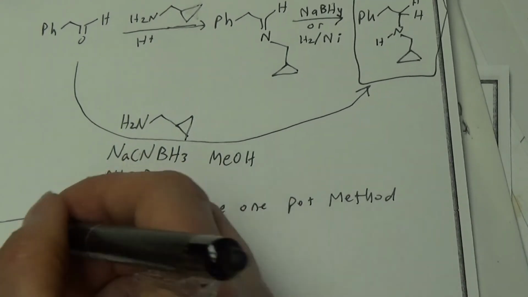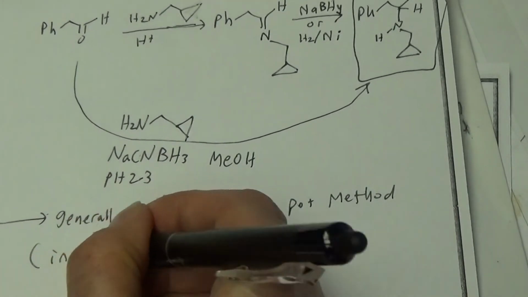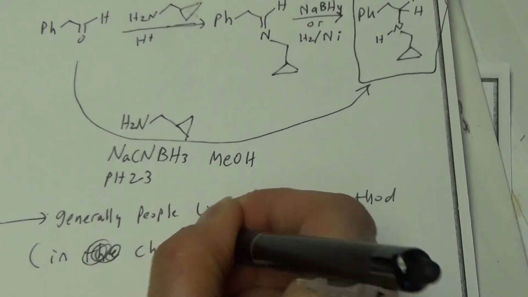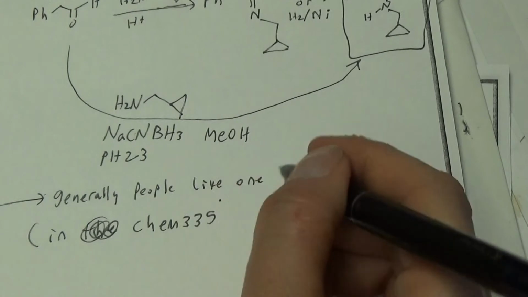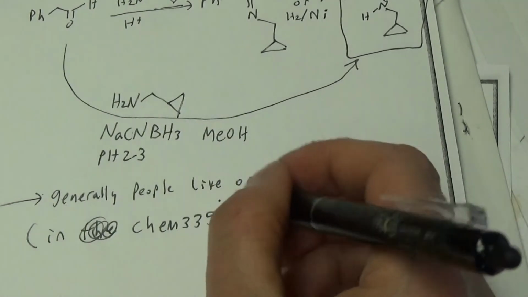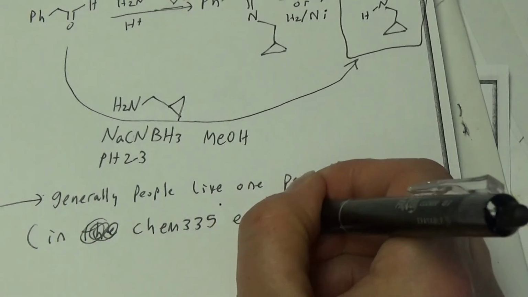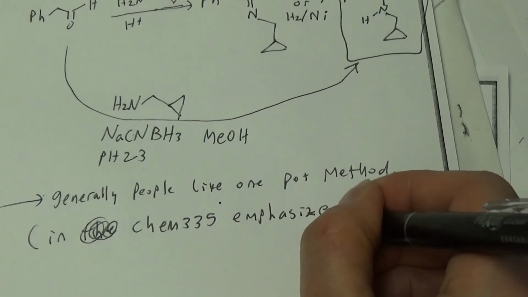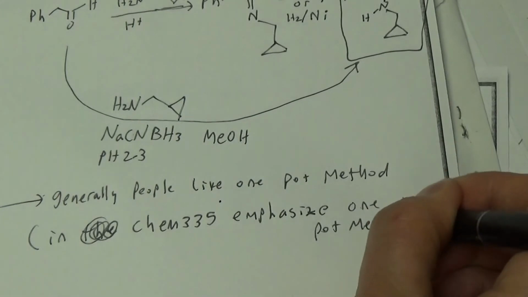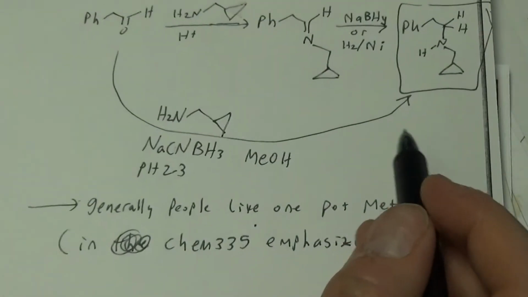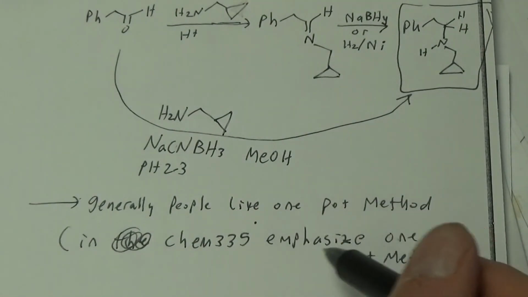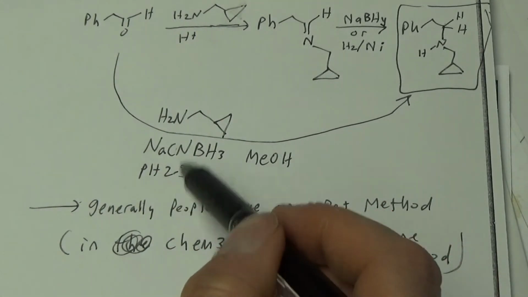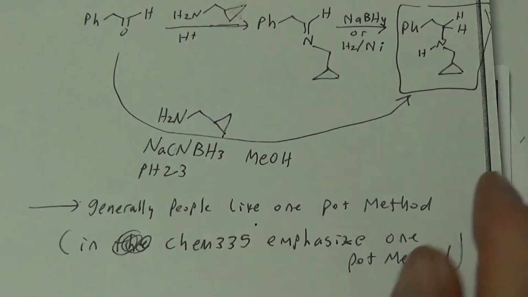In this class, in chem335, we're probably just going to emphasize this bottom method, the one-pot method, because it's an introductory course, and we want to keep things simple. So yeah, NaCNBH3, methanol, pH 2 to 3 does everything in one step.